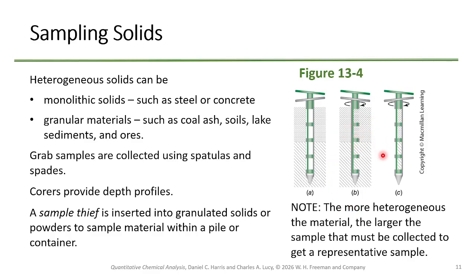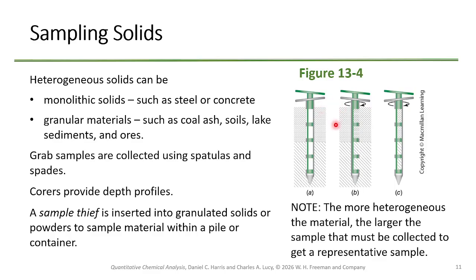So the more heterogeneous the material, the larger the sample that must be collected to get a representative sample. And so if you want to make sure that you contain your representative sample, you're going to need to core down through it. You're also probably going to need to take several of these cores from across different parts of your sample. Okay. And how this works is you turn it.